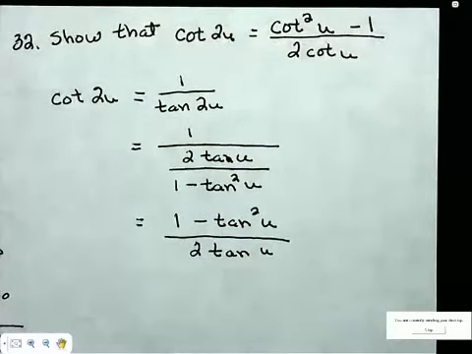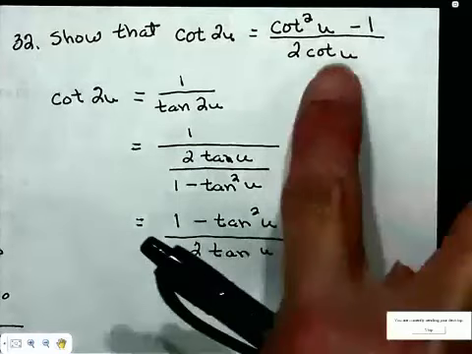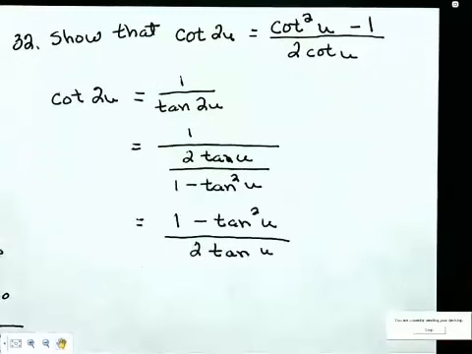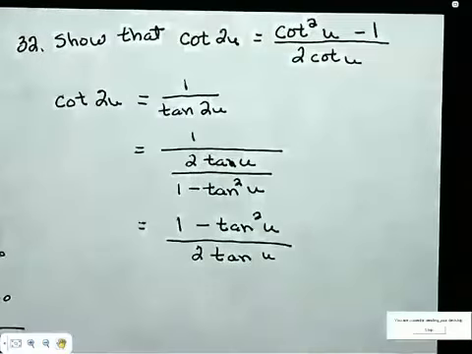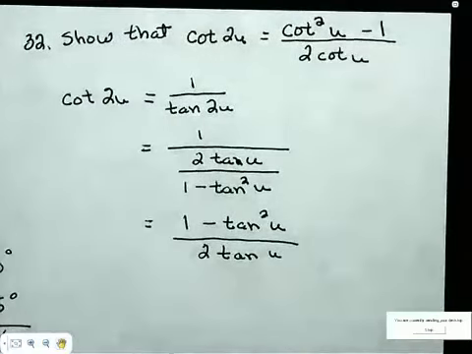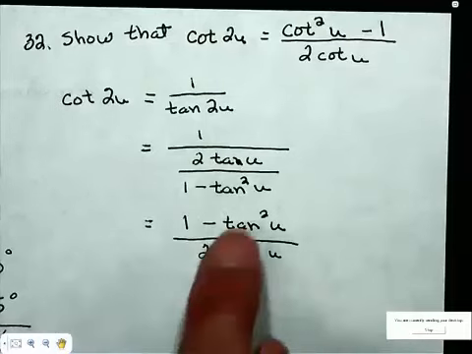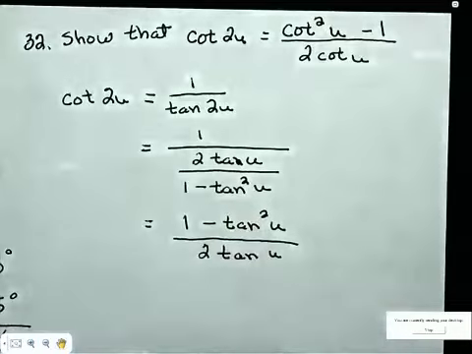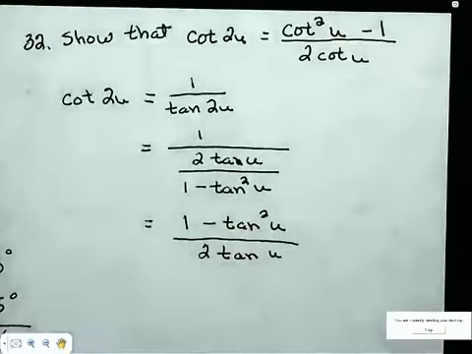But my answer has to be, or my right-hand side has to be in terms of cotangent instead of tangent. So what could I do? Sure, I can write tangent squared is 1 over cotangent squared. And in the denominator, tangent is 1 over cotangent. They're reciprocals of each other.